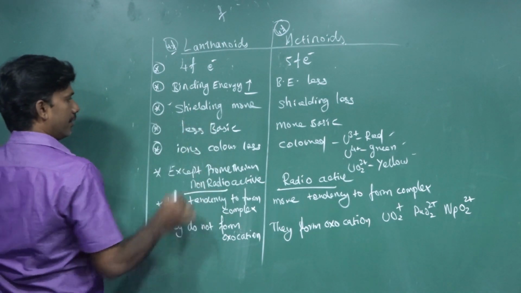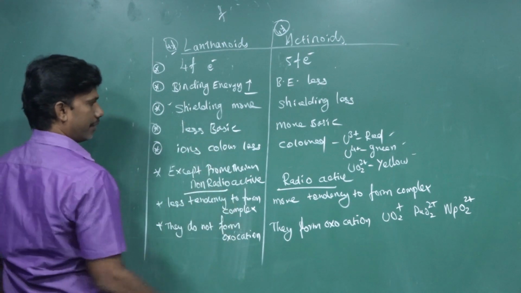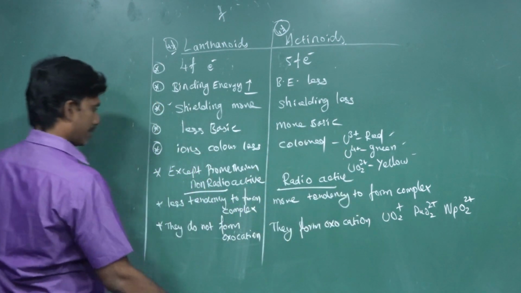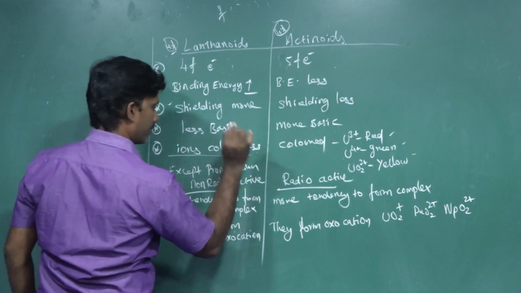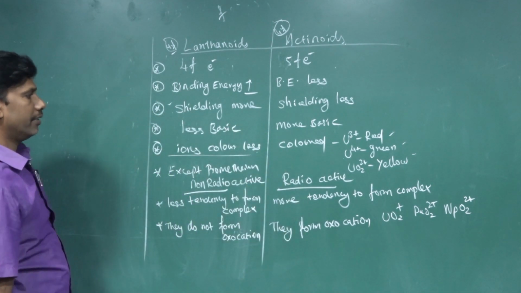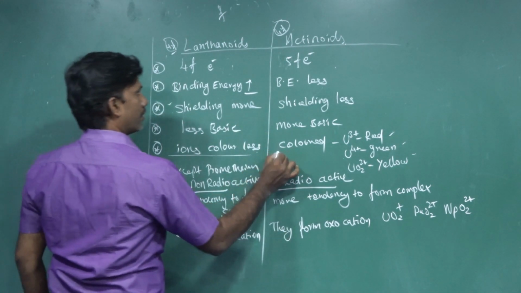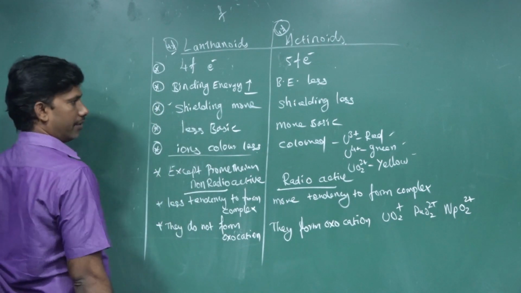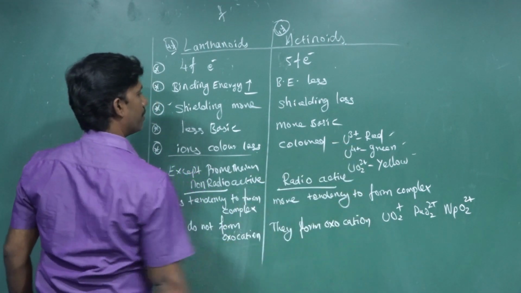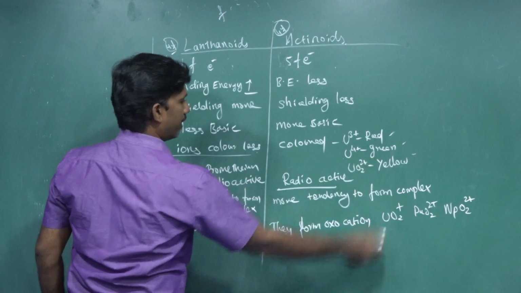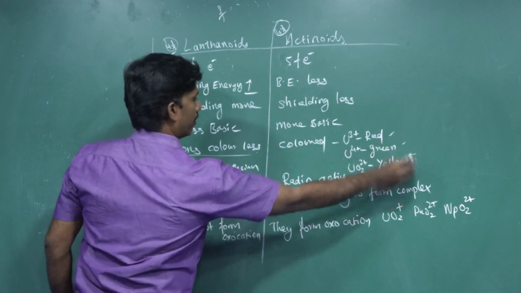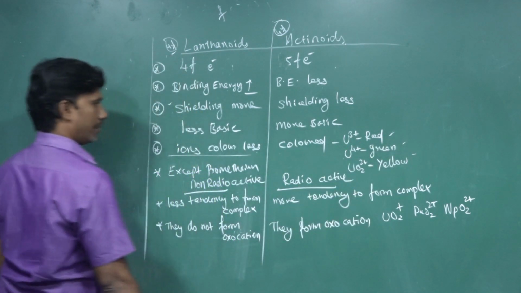Basic character: lanthanide compounds are less basic, whereas actinide compounds are more basic. Lanthanide ions are colorless, whereas actinide ions are colored. For example, U3 plus is red, U4 plus is green, and uranium oxocation is yellow in color.